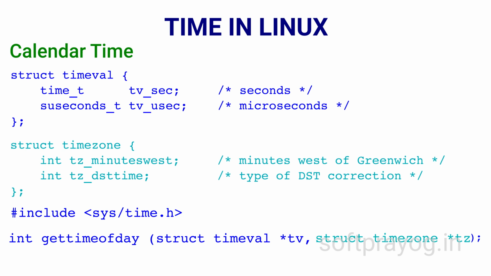The system call gettimeofday takes in pointers to these two structures as arguments and returns the values filled in these structures. Actually, the second parameter is obsolete and the call should be made with null as the second parameter. So gettimeofday returns seconds and microseconds since the epoch in the structure pointed to by the first parameter.